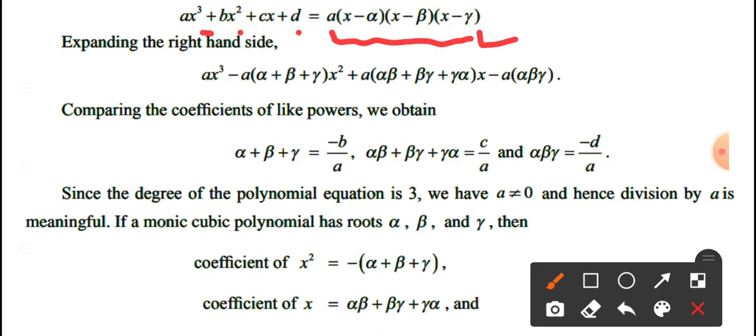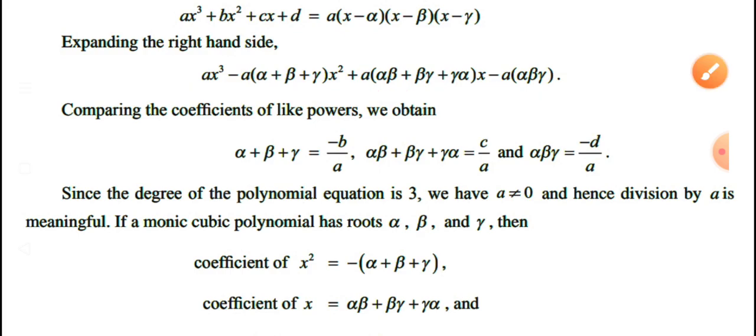So we get a into x cube minus a into alpha plus beta plus gamma into x square plus a into, here we multiply 2 roots at a time and add the sum of the products of the 2 roots, so a into alpha beta plus beta gamma plus gamma alpha into x. This is the product of the 3 roots, that is minus a into alpha beta gamma.